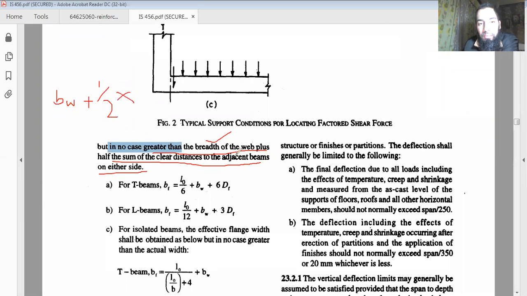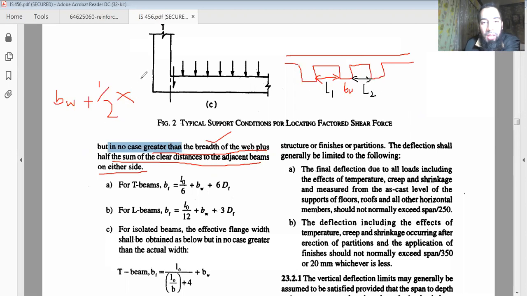If there are beams on both sides, like if you have a continuous system and this slab above, then it would be a case like this: breadth of web of this beam plus this distance, say L1, then there is another distance on this side, L2.